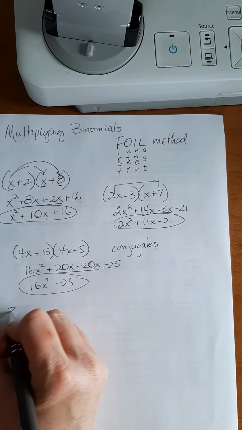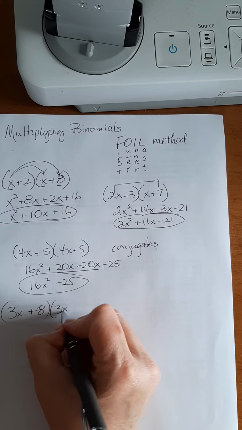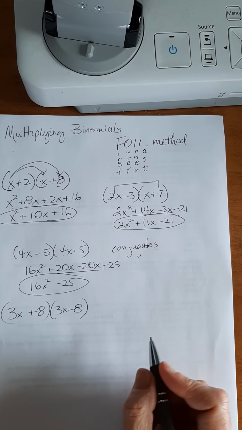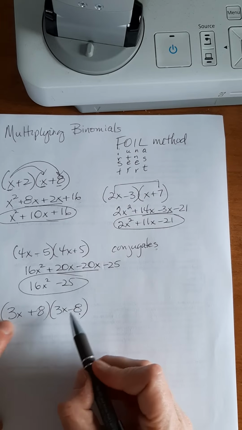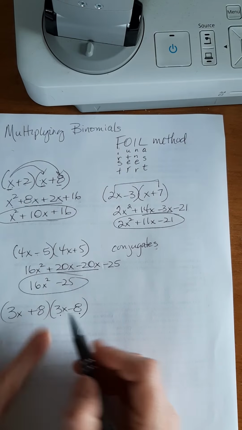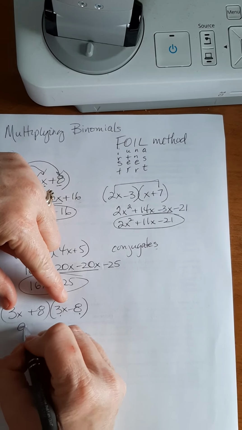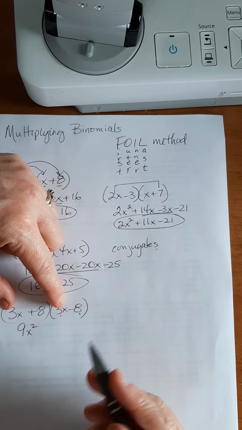So if you have something like, let's say, 3x plus 8 and 3x minus 8, you can do the shortcut because the outers, negative 24x, and the inner terms, positive 24x, will always cancel. So it's just going to be 9x squared minus 64.